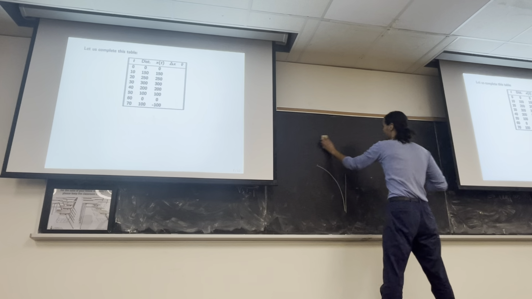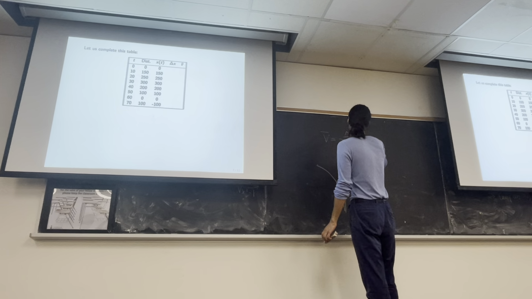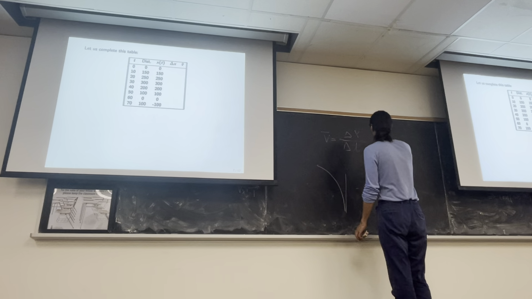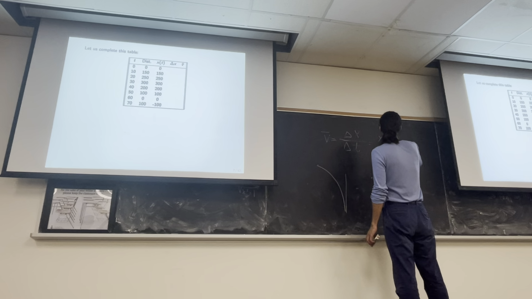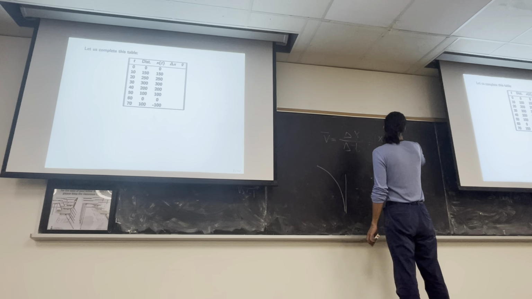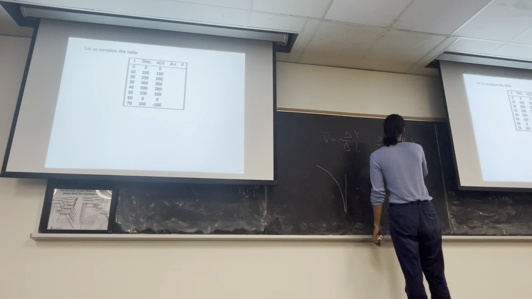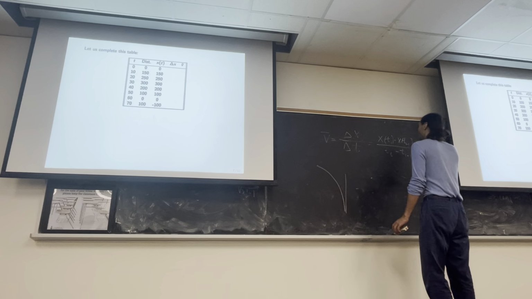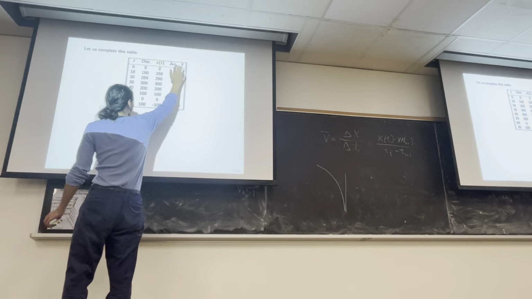The v bar is nothing but del x over del t, which is x at ti minus x at ti minus 1, divided by ti minus ti minus 1, right? So let's try to fill up this table.